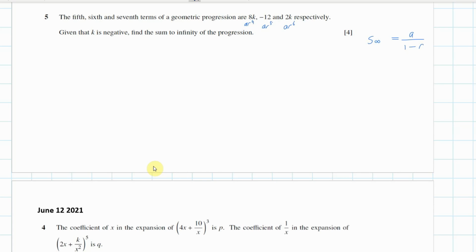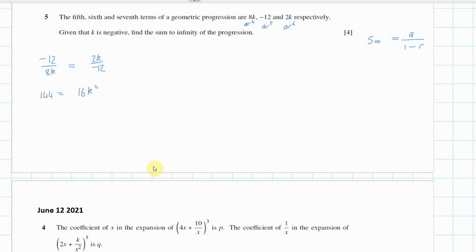Now, we can go negative 12 over 8, that's R, is equal to 2k over minus 12, which is also R. So those two things are equal. So then we can go 144 is equal to 16k squared.